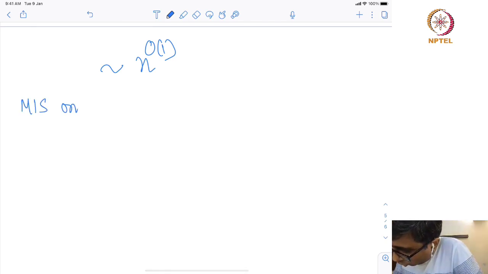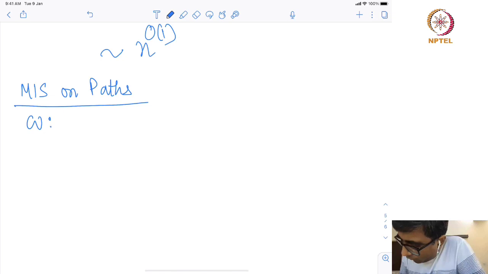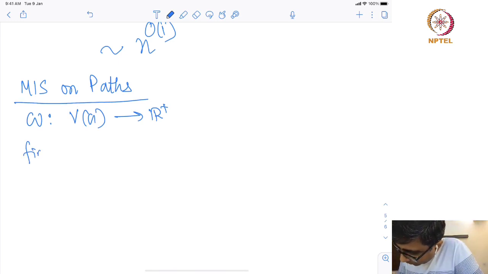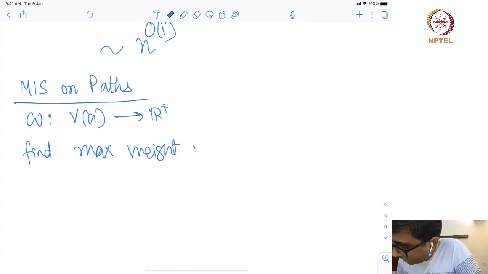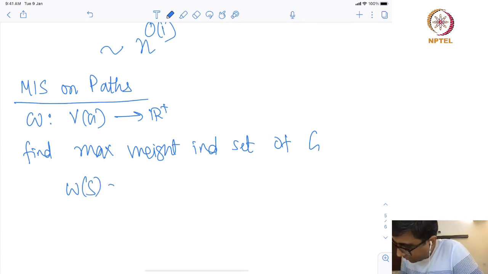So let's just try to do maximum independent set on paths, and just to make things interesting, let's add positive weights on the vertex set of G, okay? And what we want is to find a max weight independent set of G. And what is the weight of a set? The weight of a set S is the summation over v in S of weight of v.